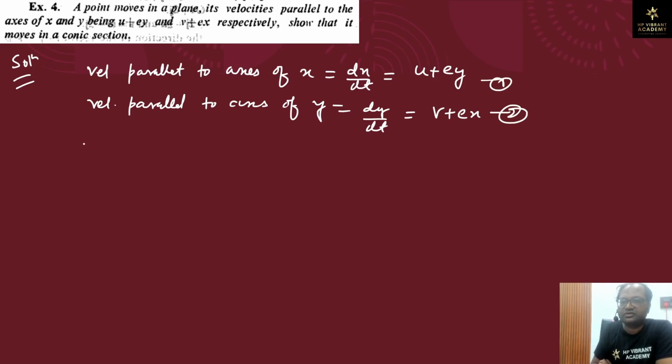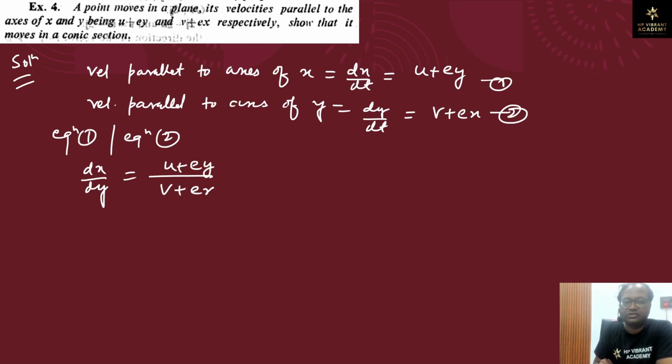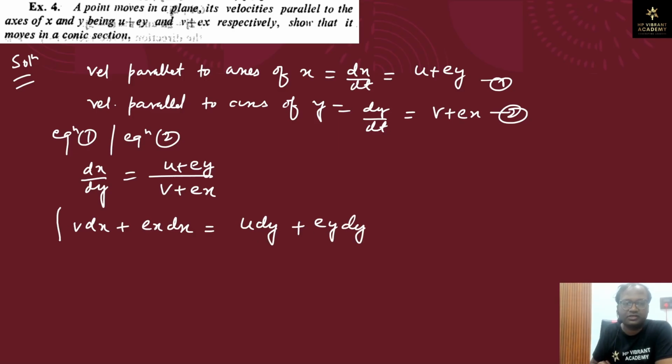So let us divide equation 1 by equation 2. So we have dx upon dy is equal to u plus ey upon v plus ex. So we have v into dx plus ex into dx is equal to u into dy plus ey into dy. Let us integrate both sides. This will be the constant of integration. Okay.